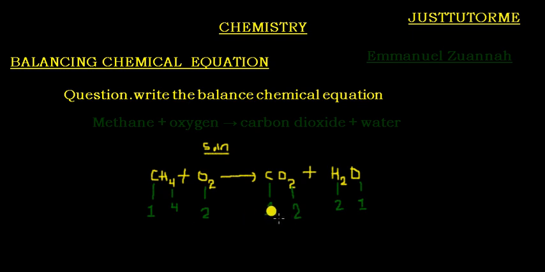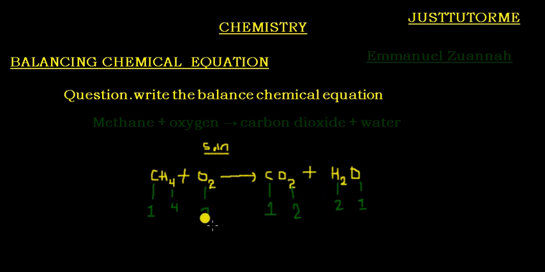So we need to balance the hydrogens and oxygens, because we have 4 hydrogens in the reactant and 2 hydrogens in the product, and for oxygen, we have 2 oxygens in the reactant and 3 oxygens in the product.